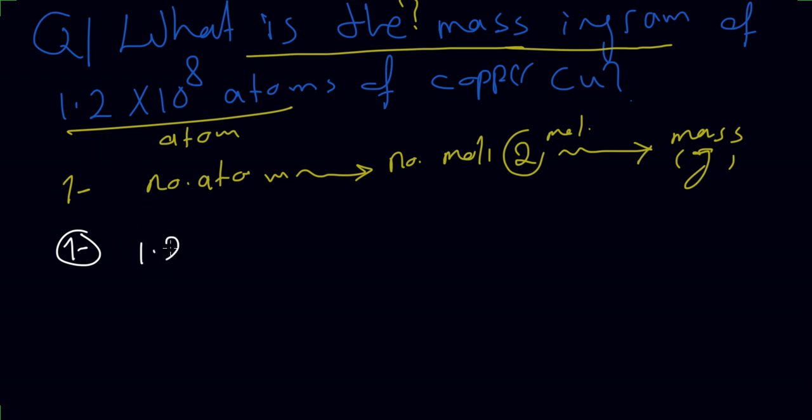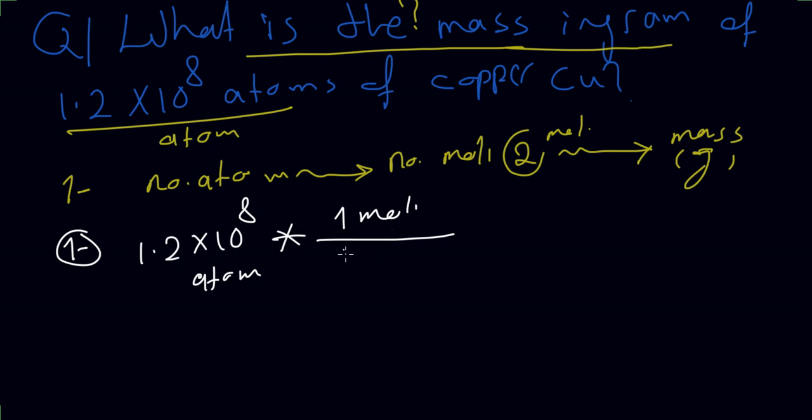Okay, first, how many atoms are given? 1.2 multiplied by 10 to power 8 atom. How can you change it to mole? By a conversion factor between mole and number of atom. Always we say 1 mole over 6.022 multiplied by 10 to power 23 atoms. So 10 to power 23 cancelled with 10 to power 8. How did you do this? You will do like that.